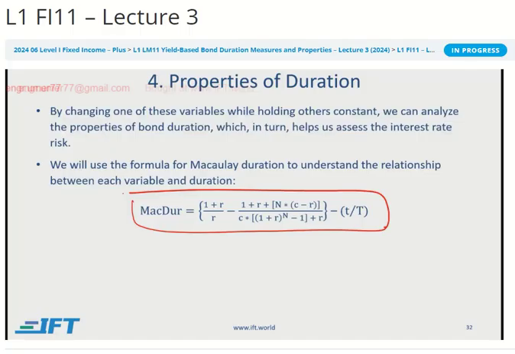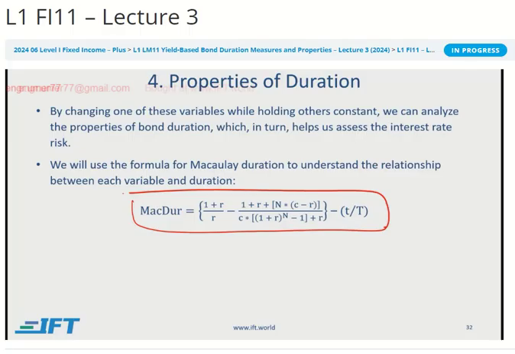It's not very likely that you will have to calculate Macaulay duration using this formula or through that entire table where you take the present value and weight it with each of the years. You'll most likely be given the Macaulay duration, and you can use that to calculate the modified duration, money duration and PVBP.